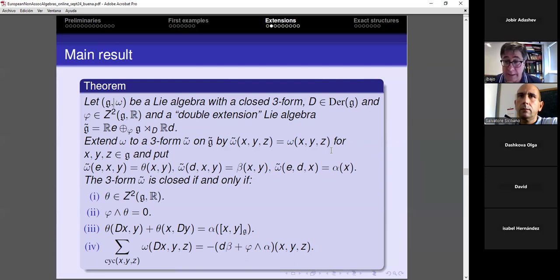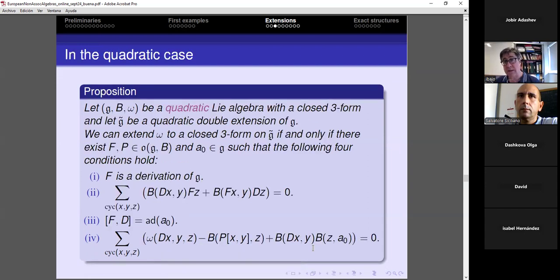But in the case of a quadratic Lie algebra with a closed three-form, the conditions tend to be this way, which are a little bit more simple. So we have to find some skew-symmetric maps F and P verifying these conditions here, and then A0.